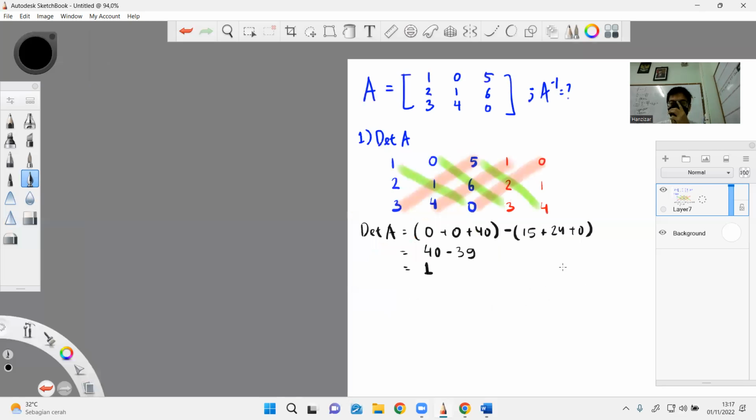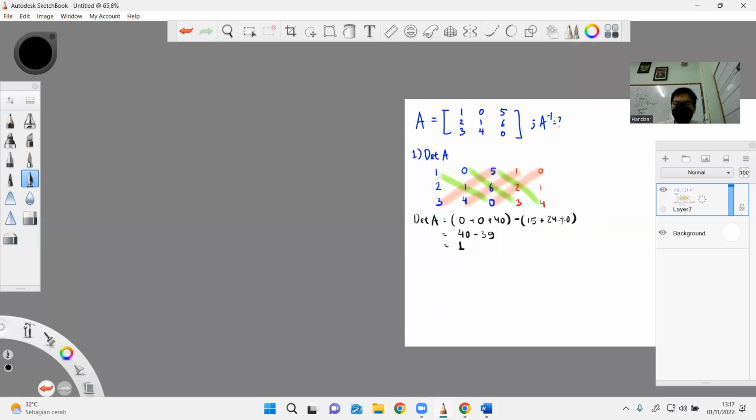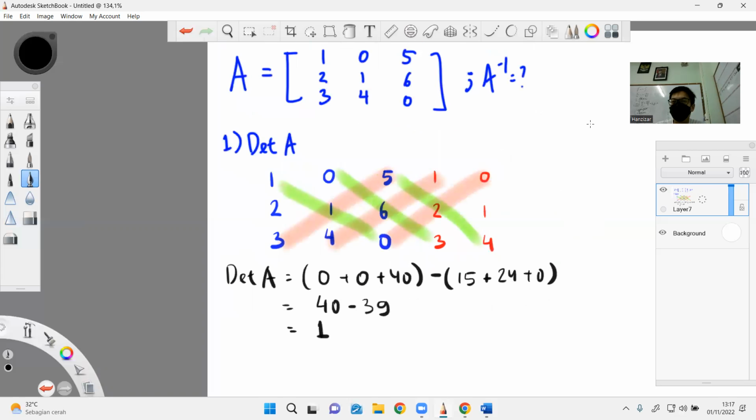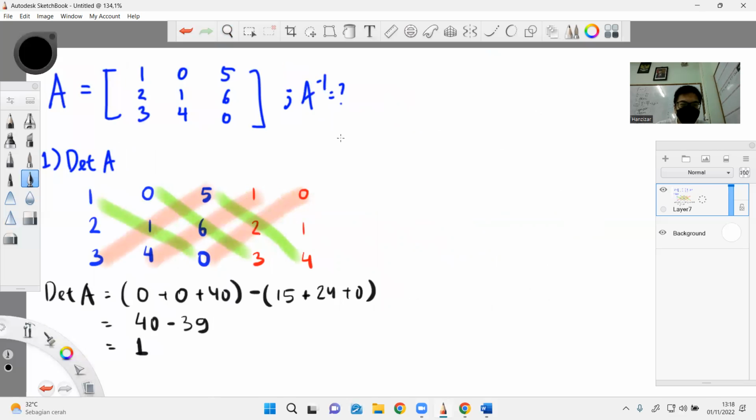After you get the determinant, we still have some spaces. What to do? Minor, right? I do it on the right side. So you keep the determinant by 1. Next, you find the minor of this matrix. Again, minor is you close this.